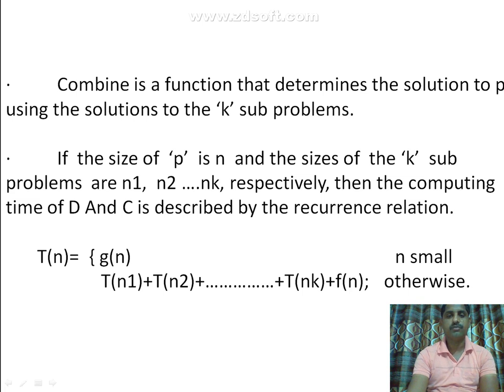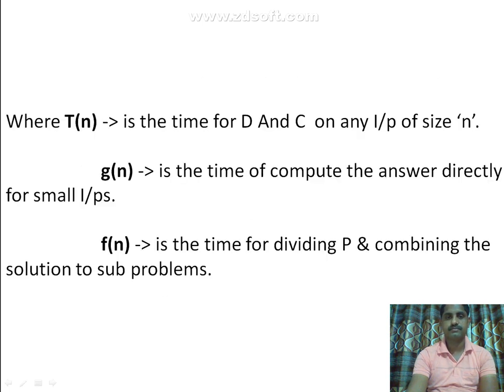If the size of P is n and the sizes of the k subproblems are n1, n2, and so on up to nk respectively, then the computing time of DAndC is described by the recurrence relation: T(n) equals g(n) when n is small, otherwise T(n1) plus T(n2) plus and so on plus T(nk) plus f(n). Here T(n) is the time for DAndC on any input of size n, g(n) is the time to compute the answer directly for small inputs, and f(n) is the time for dividing P and combining the solutions to the subproblems.